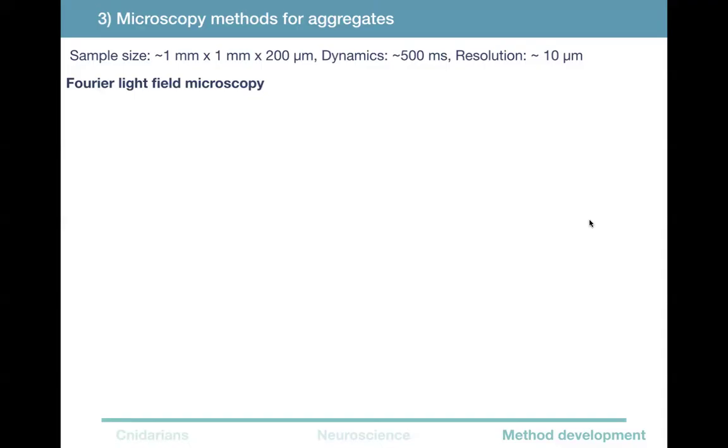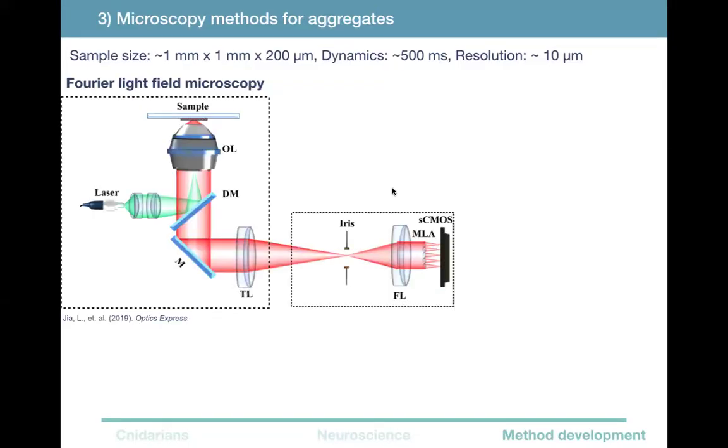And so what we're working with is a setup called Fourier light field microscopy, which looks something like this. On this side, you have a pretty standard fluorescence microscope, where if you are used to looking at microscopes, you can recognize all these parts. You have your objective, mirror, tube lens, and then normally you'd have your camera right here.